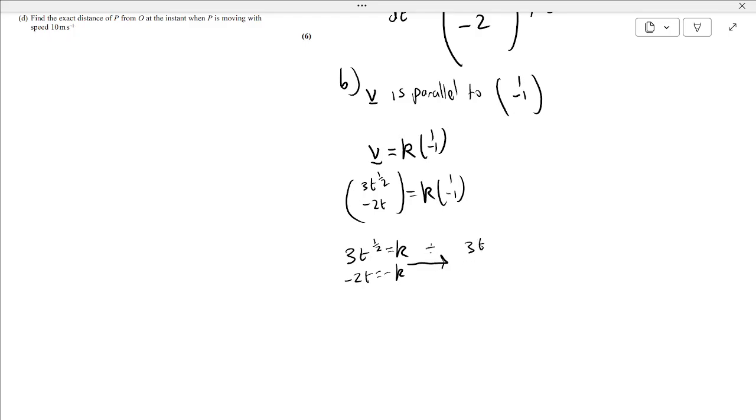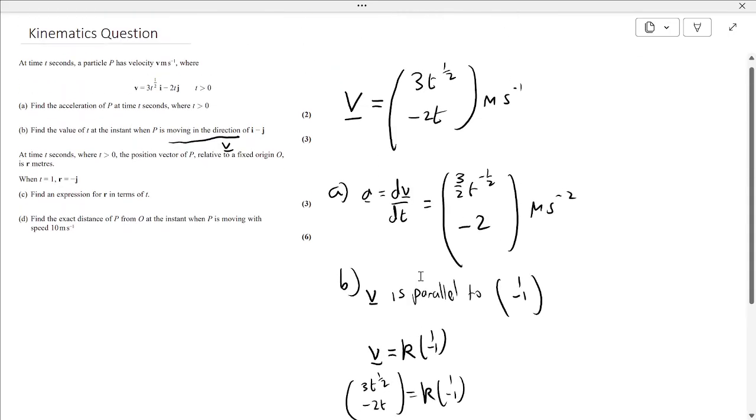So 3t to the 1 half over negative 2t is now k over negative k, which is negative 1. So 3t to the 1 half is going to be 2t. And when you're solving equations with indices, like the 1 half, it's usually a bit easier to rewrite the indices with your thirds or your roots or whatever, just a bit easier to visualize. And we'll find the value of t, right?